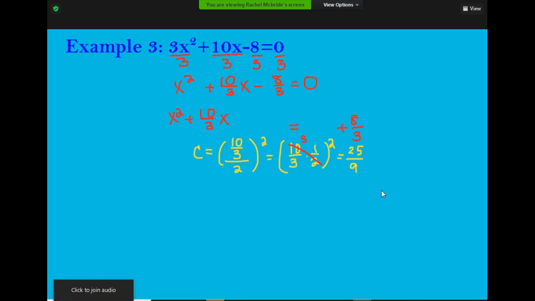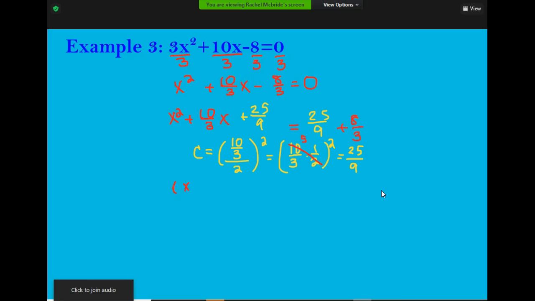So the other reason it helps to simplify is because when you have your 5/3, that's also going to be what your fraction is when we factor this. So we're going to add that 25/9 to the left and to the right. Then we're going to put it in factored form.